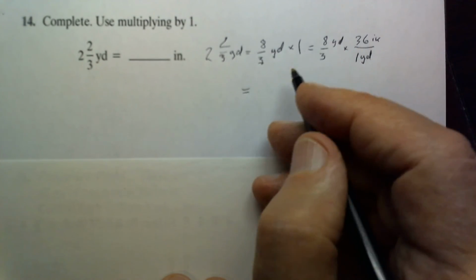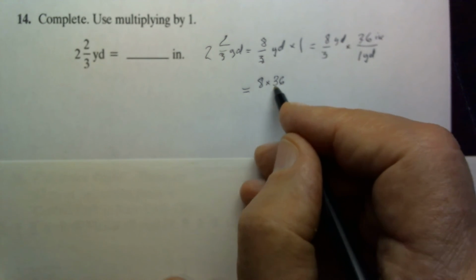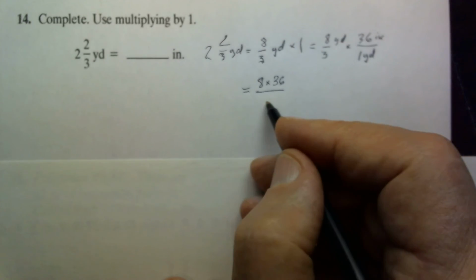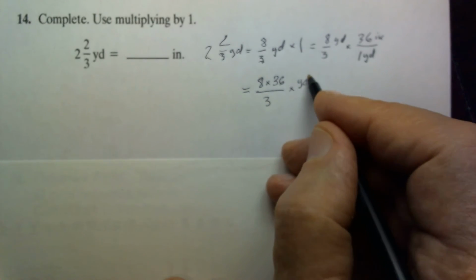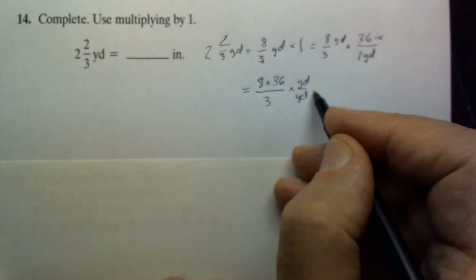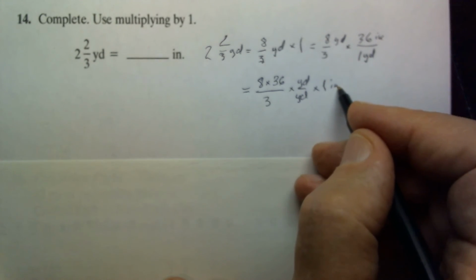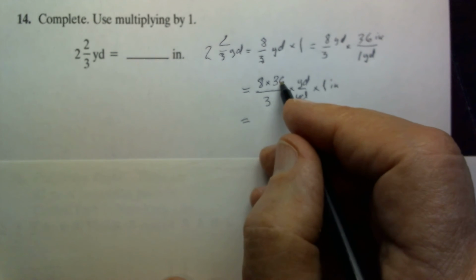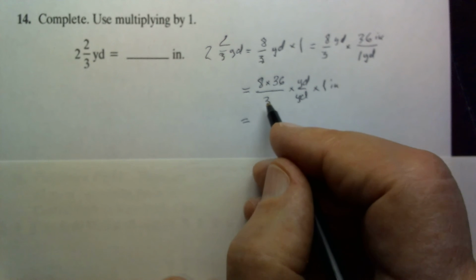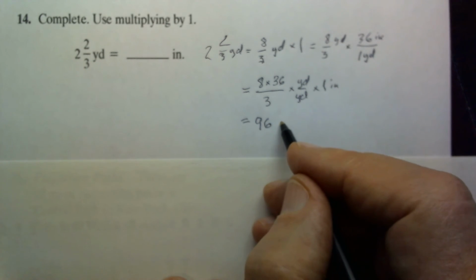Therefore, we have 8 times 36 divided by 3, and then yards divided by yards, times 1 inch. And 3 into 36 is 12, and 12 times 8 is 96. So that's equal to 96 inches.